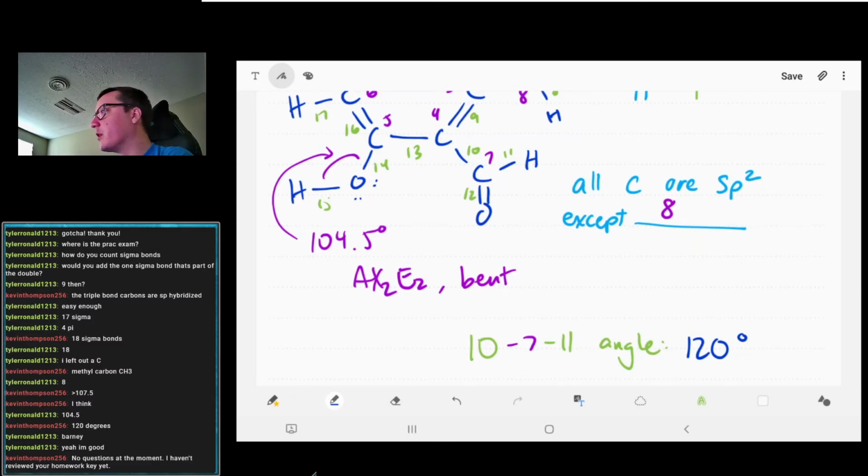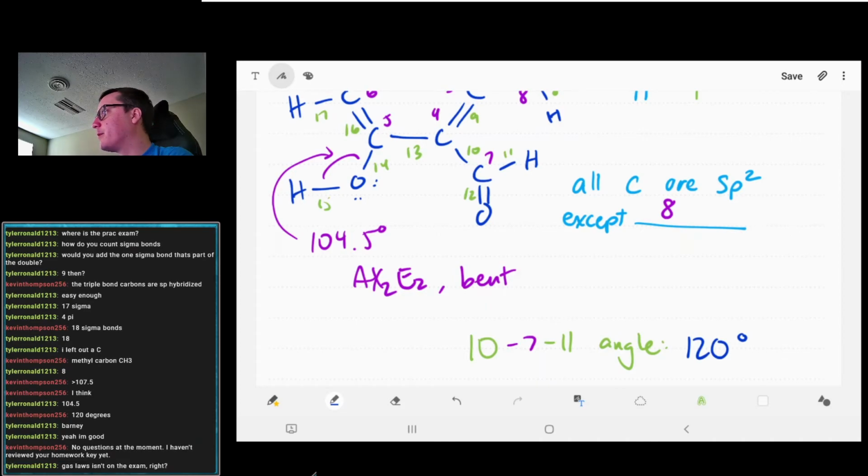We of course had the bond energies, yes, for sure. We did formal charge as well. That was another one. Some lattice energy stuff. No gas laws. Just 8 and 9. So it's mostly all Lewis structures and then the molecular orbitals.